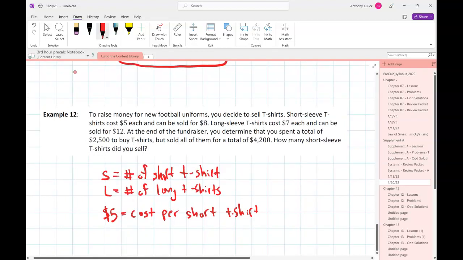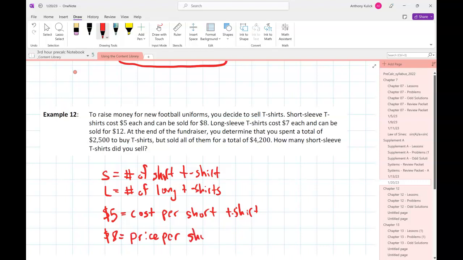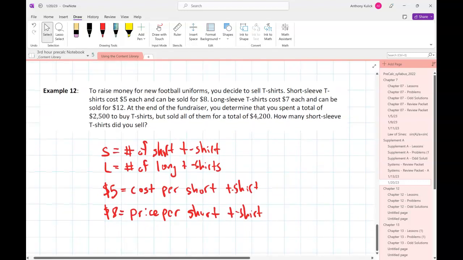And then the $8, what is that? So I'll call that the price per short sleeve t-shirt. Okay. The $7 is then the cost per long sleeve.